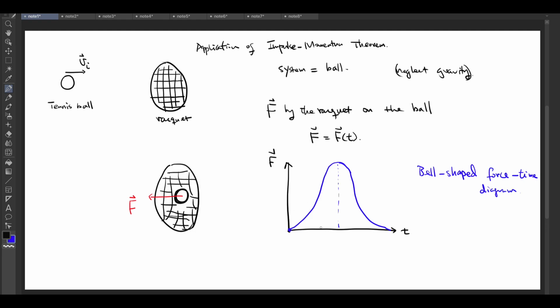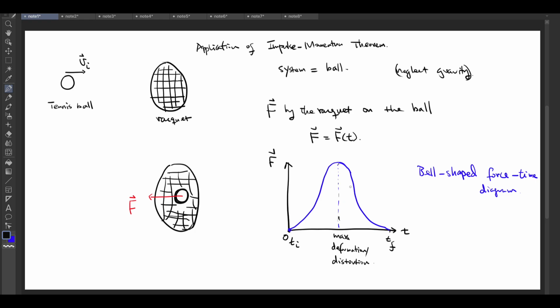So the force here you can see is changing all the time throughout the process. And here's the 0 force at the beginning. Let's call this Ti, and that'll be the T final. And this line here is right in the middle, representing maximum deformation, or maximum distortion of the string.